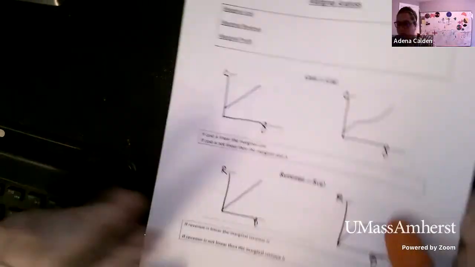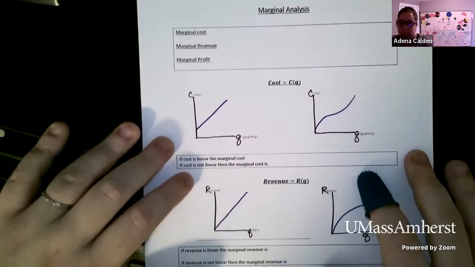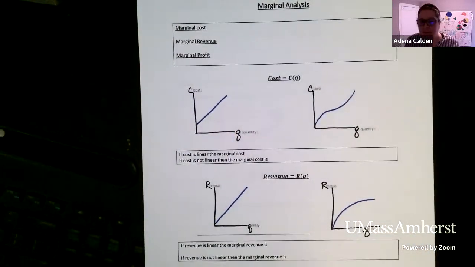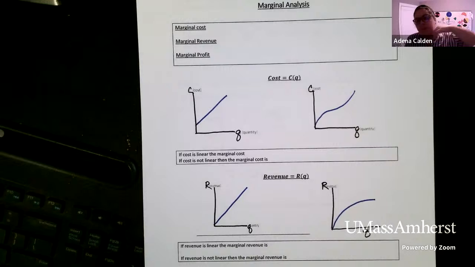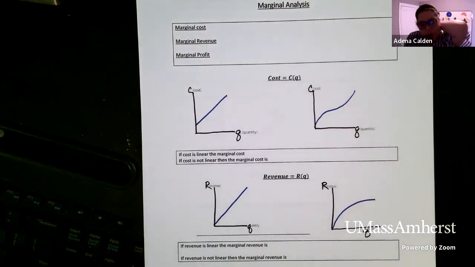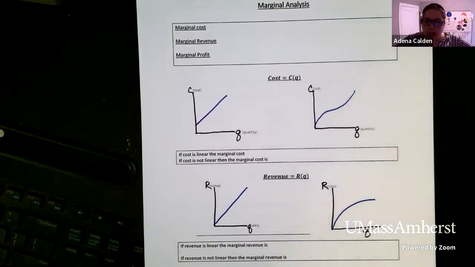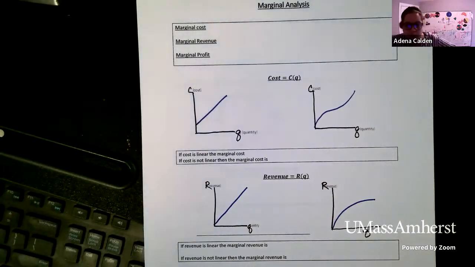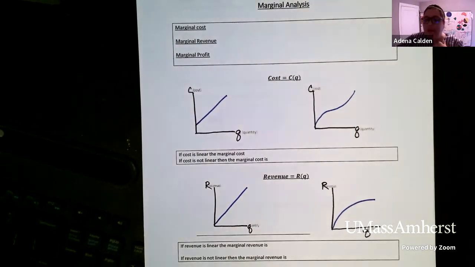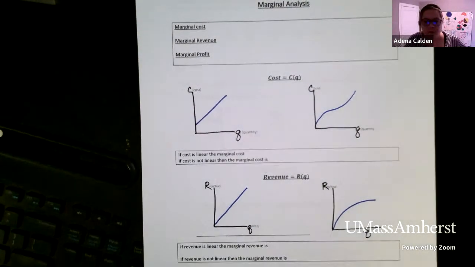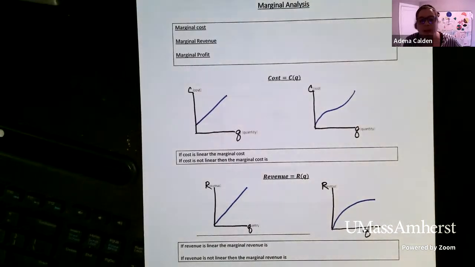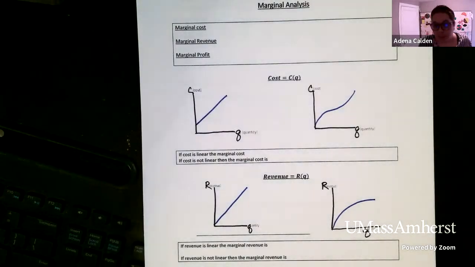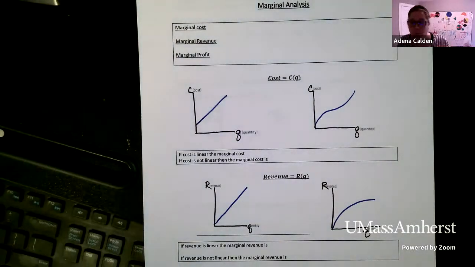As I mentioned, we're also going to be talking about marginal analysis. So we're going to shift gears, and marginal analysis is something that we started in 1.4. We started it a little bit early, and we talked about what that looked like for linear functions, right? We said, okay, we're just going to assume in 1.4 that everything is linear, and that marginal revenue, marginal cost, marginal profit is represented by the slope of the linear function, right?